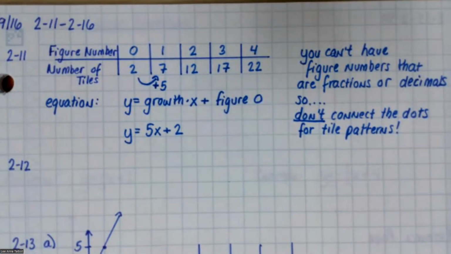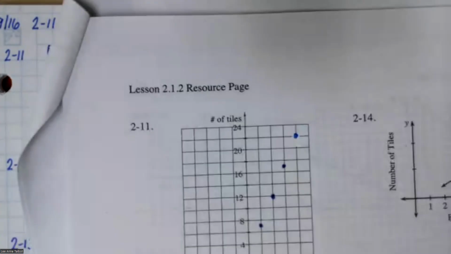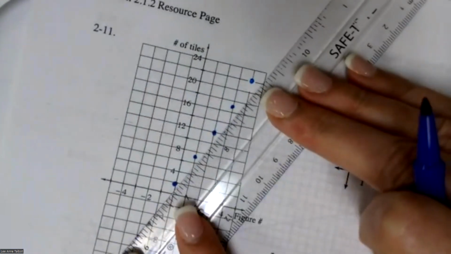Okay, now we're going to break the rules. I know it's crazy. Now I want you to connect the dots, because we're going to look at something else. We don't do it unless you're specifically told to, and I'm specifically telling you to right now. Do your best.